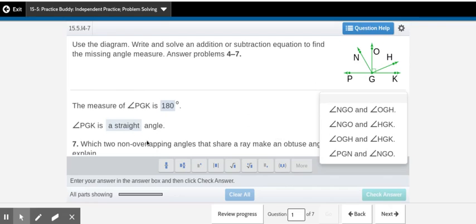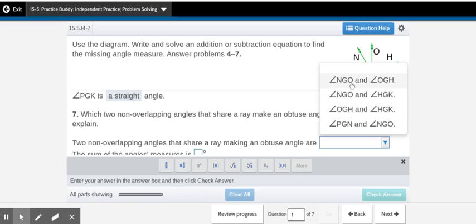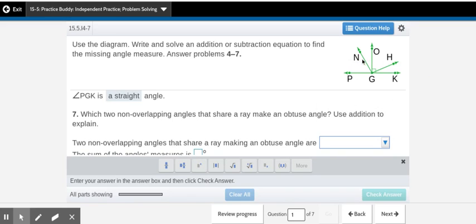So let's think about obtuse. We're not thinking about straight right now. We're thinking about obtuse. So NGO and OGH. Let's look at that. And that's not looking like an obtuse to me. But just as I remember, this is a 30 degree. Let me label that for us so we remember. This one was 60.